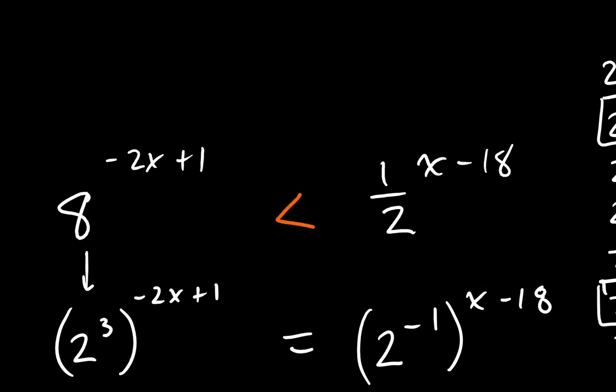And I'm going to put 0 into both sides. So if I put in 0, on this first one, that's gone. So I just get 8 to the first power, which is the number 8. And on the other side, I don't know what it is yet, so let me put a question mark here. I'm going to put in 0, so it's going to be 1/2 raised to the negative 18th power.